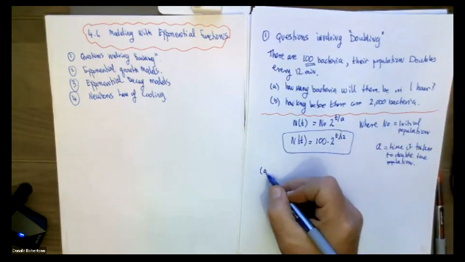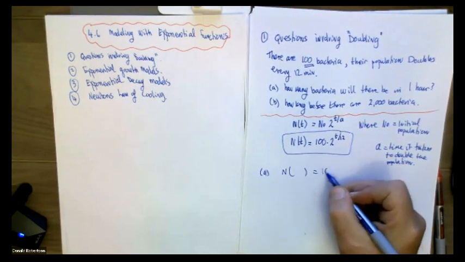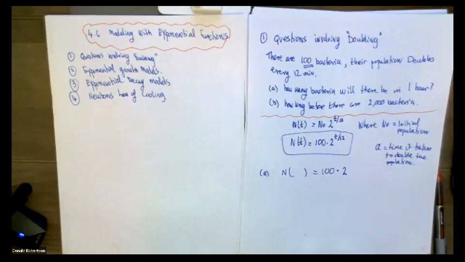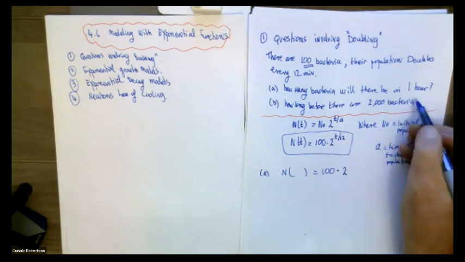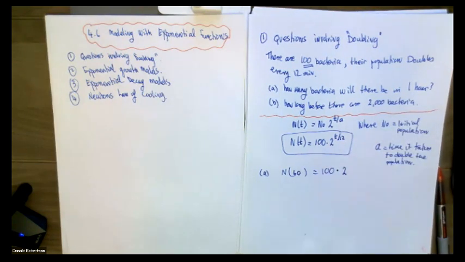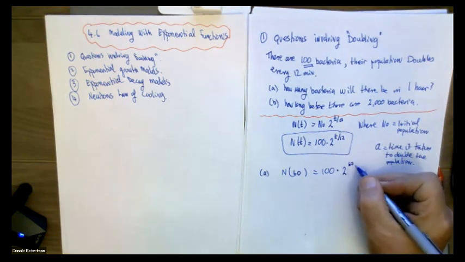The answer to question A is how many bacteria after 1 hour. Well, I'm not going to put 1 there because remember we said it was minutes, and 1 hour is 60 minutes. So that's 2 to the power of 60 minutes divided by 12.